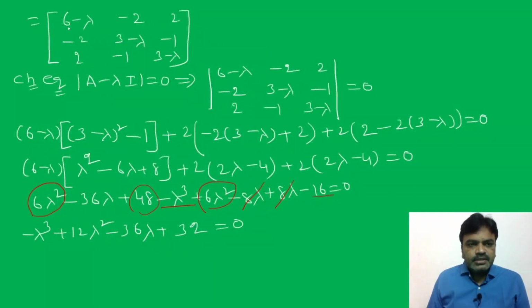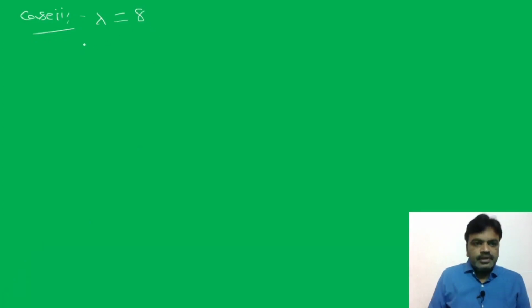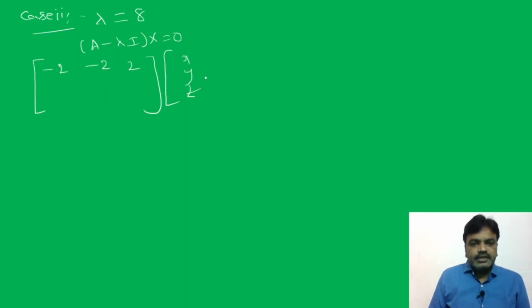We get minus 2, 2. Clearly here capital X is x, y, z, that is equal to 0, 0, 0.